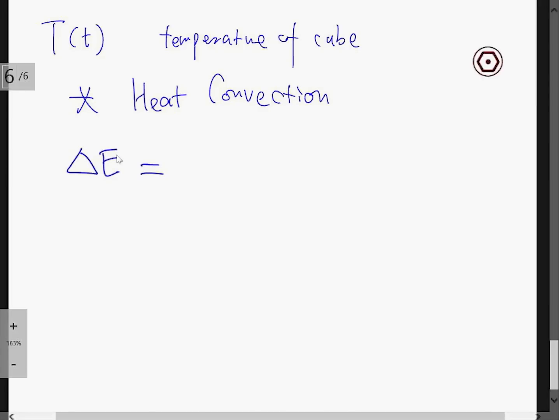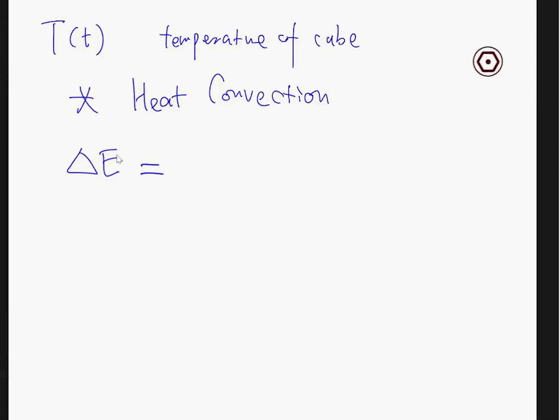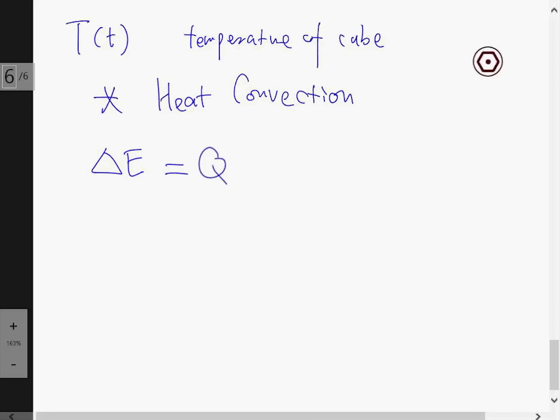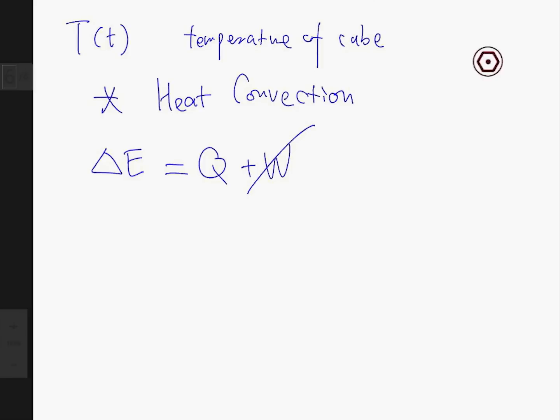Let's say that between two time points, the change of the energy of the cube is equal to what has contribution to the energy change. What I'm looking for is that the change in the energy is equal to the heat that goes into the cube plus work done to the cube, right? And nobody did any work to the cube, right? I didn't. I don't know if you did, but so it is only equal to the heat convection into the cube. All right. So this is how you start putting the physical process into equations.